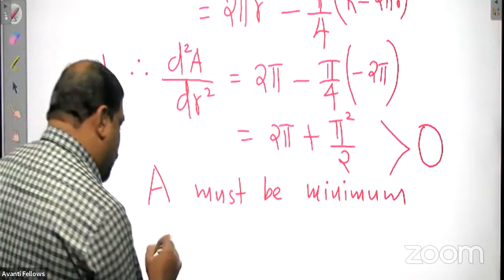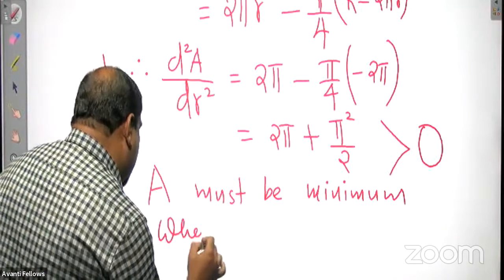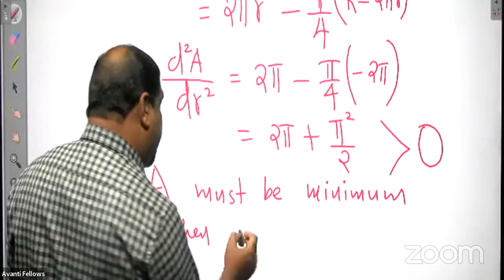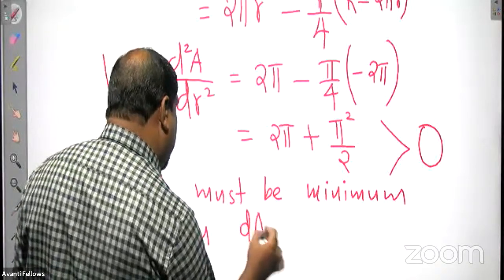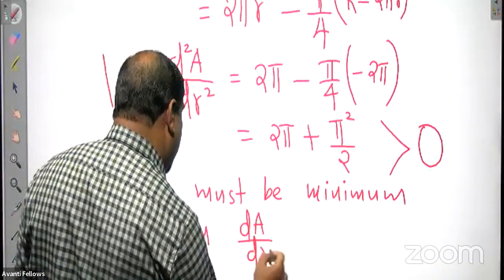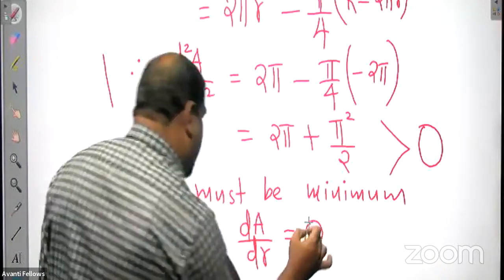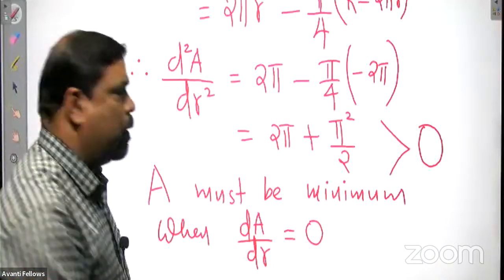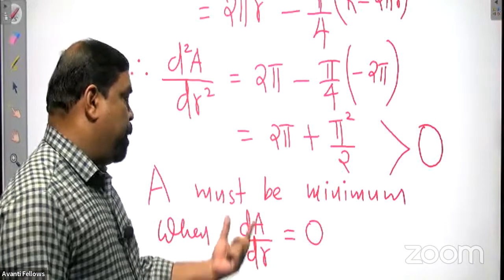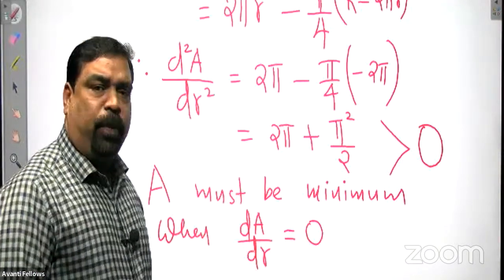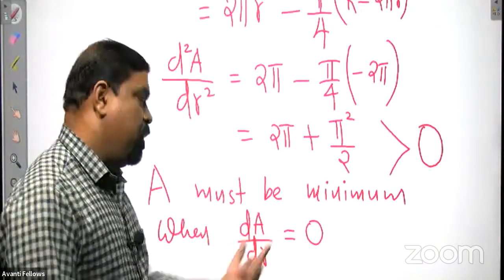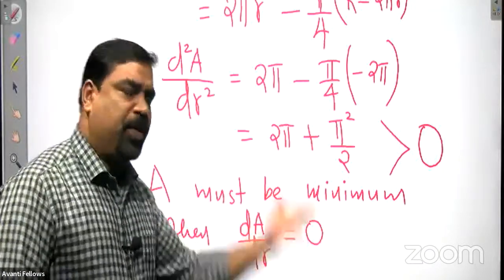A will be minimum at the point where the first derivative is 0. Maximum or minimum is always obtained by equating the first derivative equal to 0. The critical point is always obtained from the first derivative, equating first derivative equal to 0.